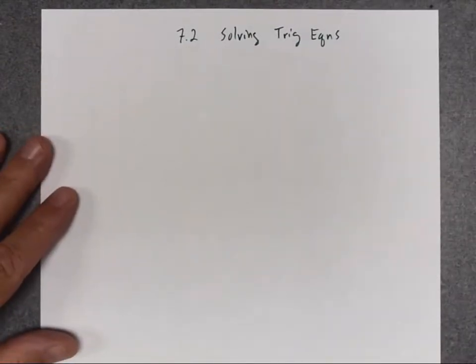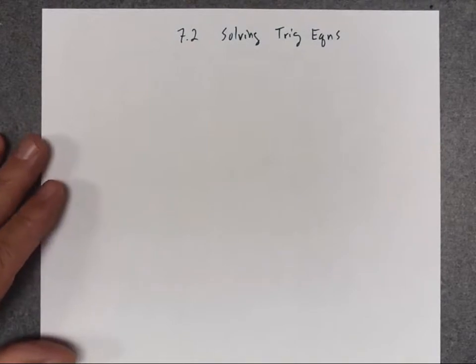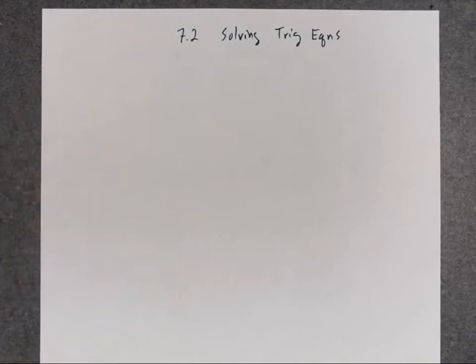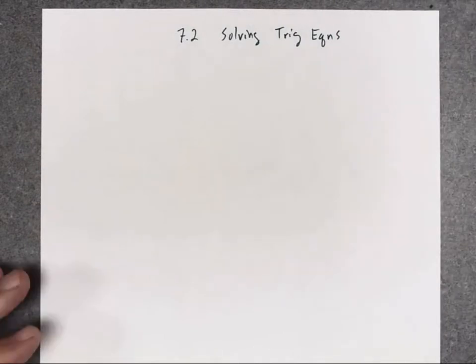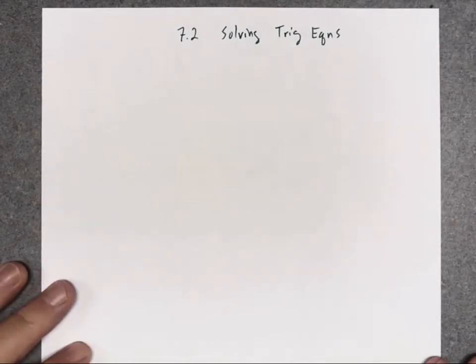What I want to do is simply list 5 or 6 or 7 different equations that we're eventually going to solve in this video, just to give you an idea of the kinds of equations we'll be solving. And then let me talk about how we go about solving them.